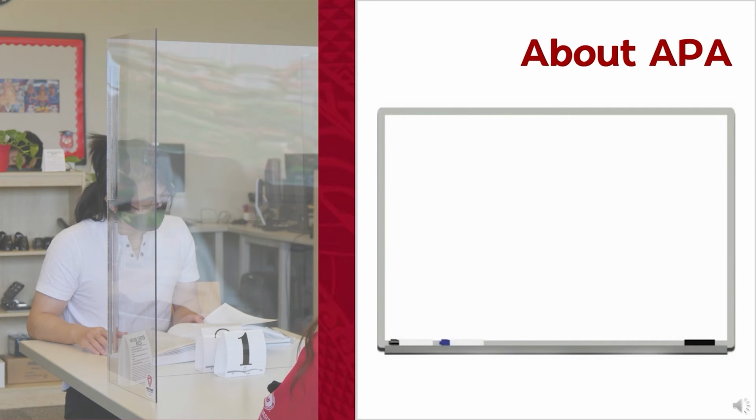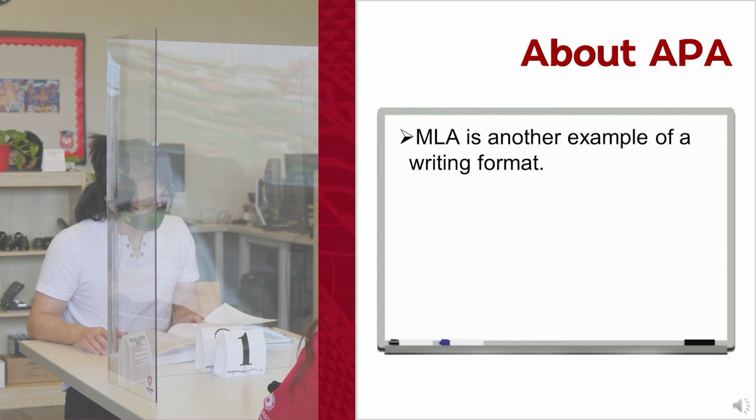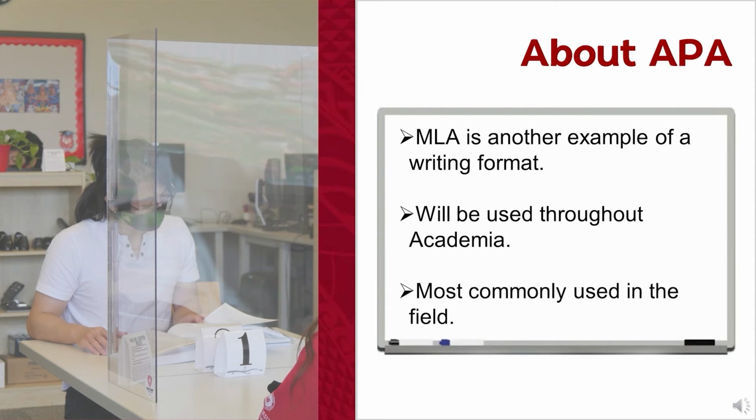For example, MLA style is taught in many high school English classes. You might be wondering why there are so many different styles and why you're being asked to use APA style. It's valuable to learn the style that is used in your major, as you will likely need it in the future. Instructors may also ask you to use the style of their field because they're familiar with it and they want you to learn it as part of learning about the field.